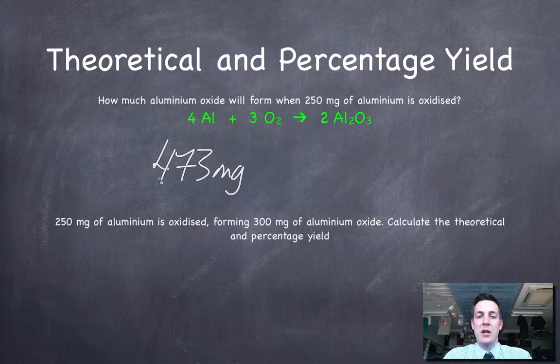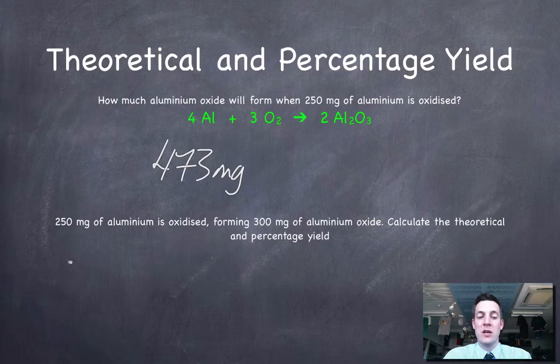This is how much I would form if I had that amount of aluminium and enough oxygen to react with all of it, and I was 100% successful in turning all my reactants into products. So the theoretical yield is the most that I could possibly make from my starting materials, based on the mole ratio and the amount of them that I start with. The percentage yield, however, is how much I actually make, expressed as a percentage of my theoretical yield.